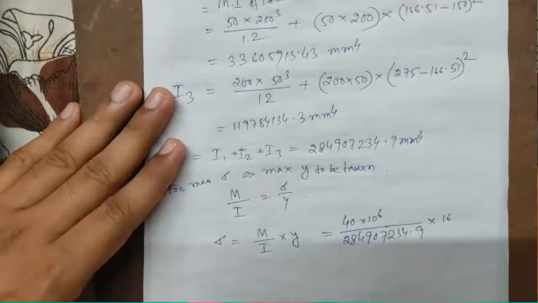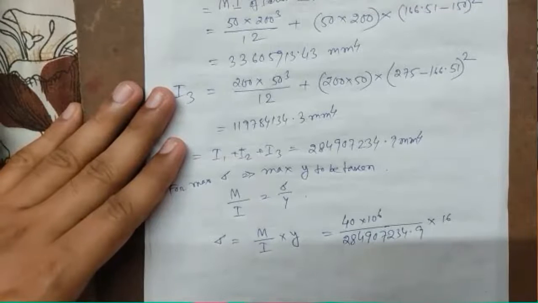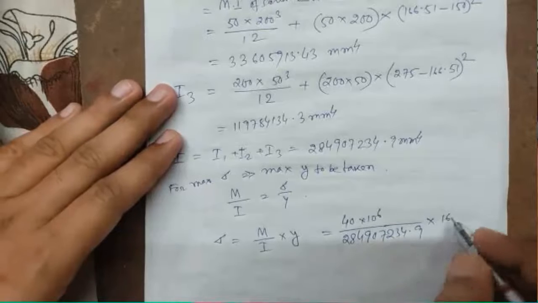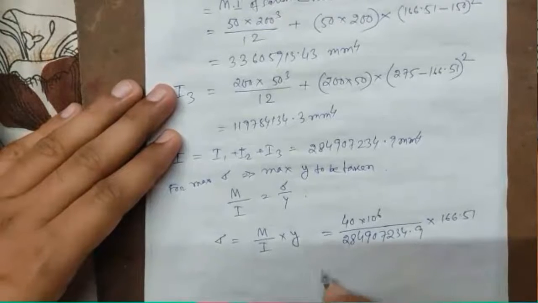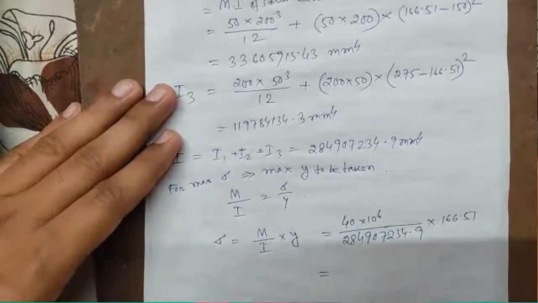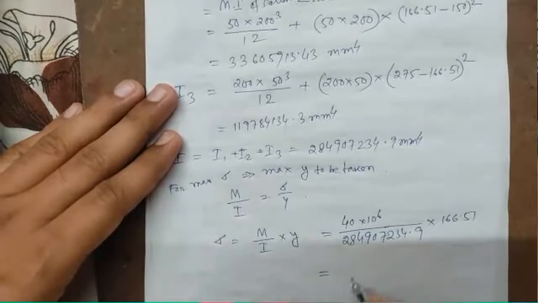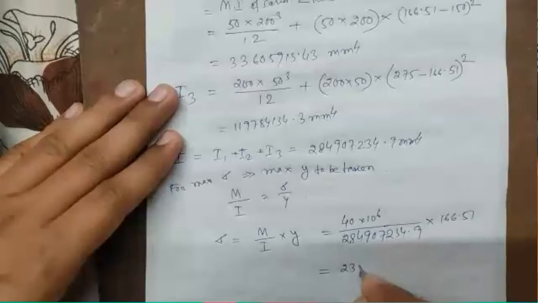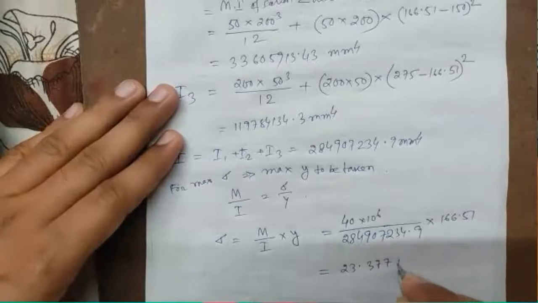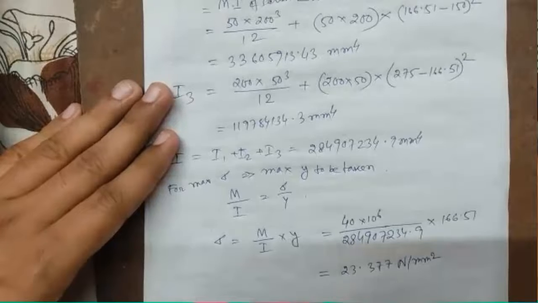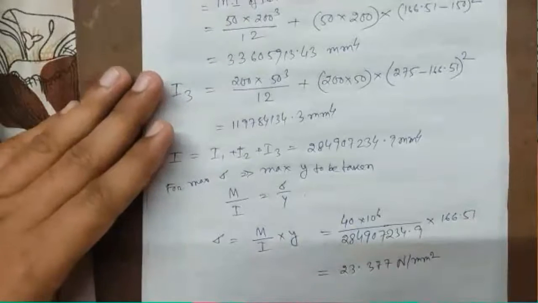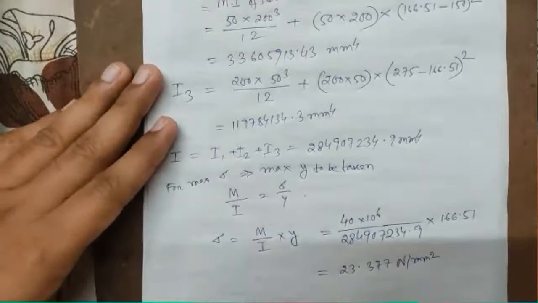Okay, why we were putting the value of Y max. So Y max is 166.51. So upon calculating this, we will get 23.377 Newton per millimeter square. Okay, so this will be the maximum bending stress.